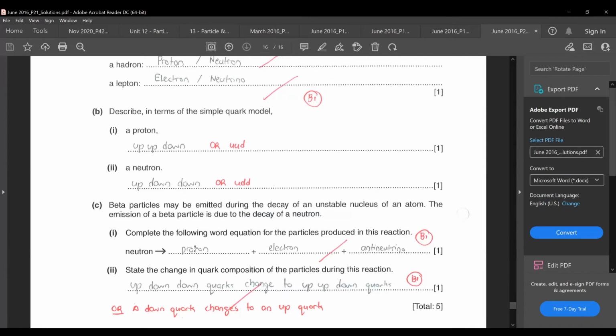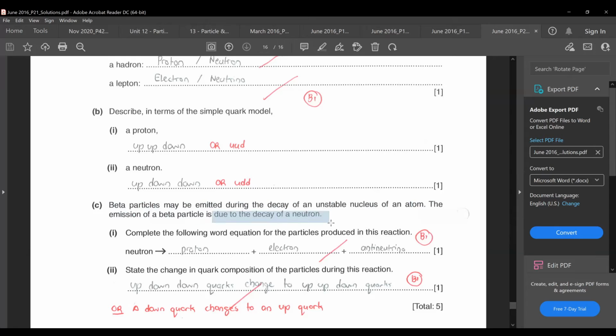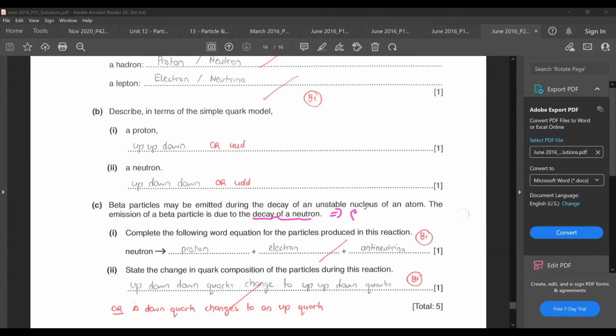This one is talking about beta minus decay. They never really told you whether it's beta plus or beta minus. Notice that? They just say that it is due to the decay of a neutron. If you see that, you already know it is beta minus decay.